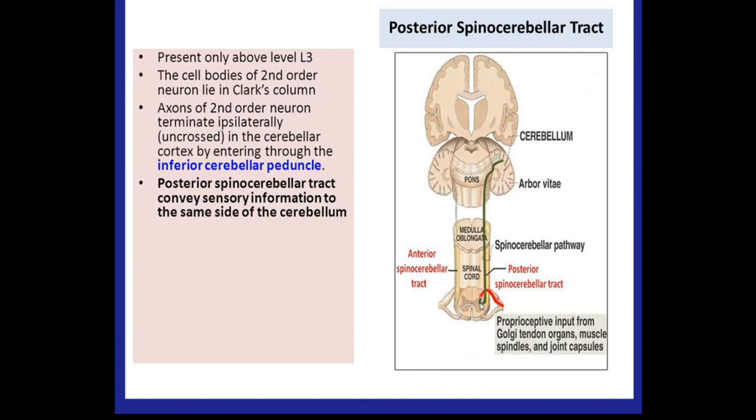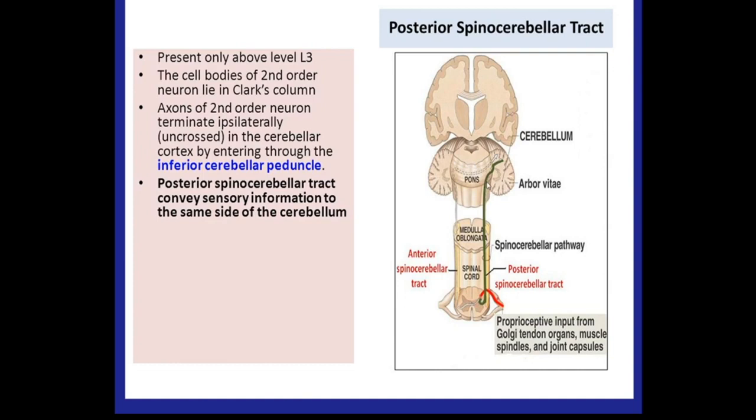From the Clarke's cells, which lie in the posterior horns, there are second order neurons. So this tract ascends ipsilaterally and through the inferior cerebellar peduncle.